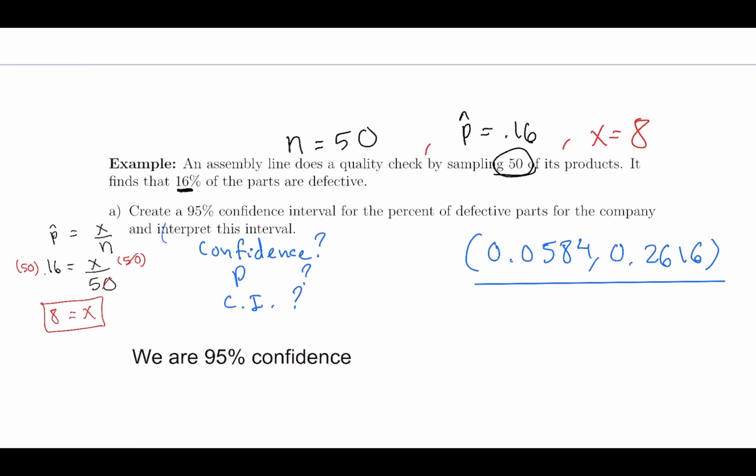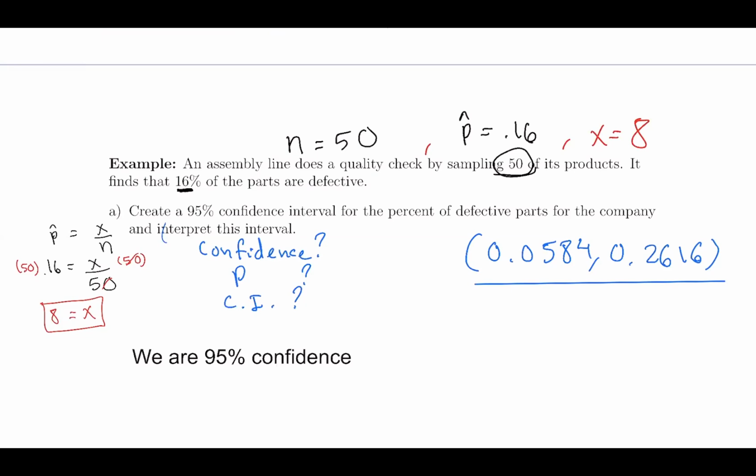Like, what does 8 tell us? When we say 8, what is 8? Well, because if you look at it, it says 16% of what? Cool. So it's talking about the defective parts.